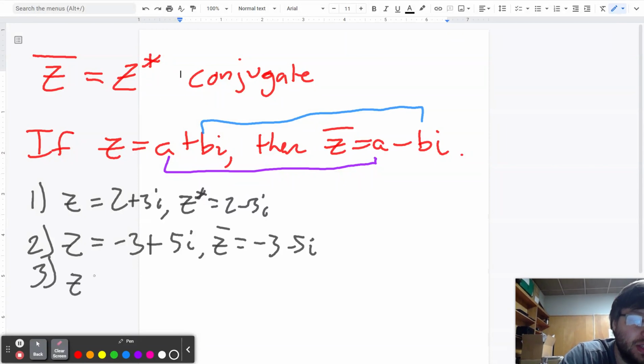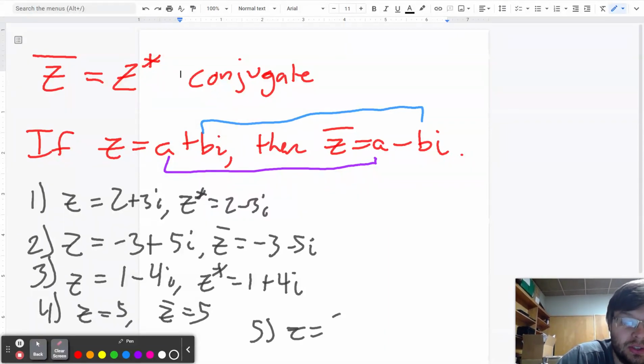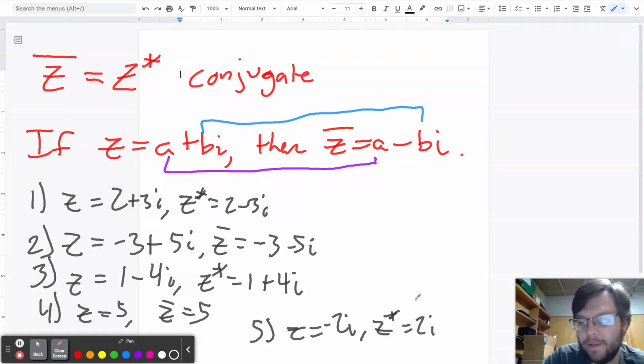If the original is 1 minus 4i, then the conjugate is 1 plus 4i. If the original number is 5, then the conjugate is 5. If the original number is negative 2i, then the conjugate is positive 2i. The real part's the same, the imaginary part is the opposite.